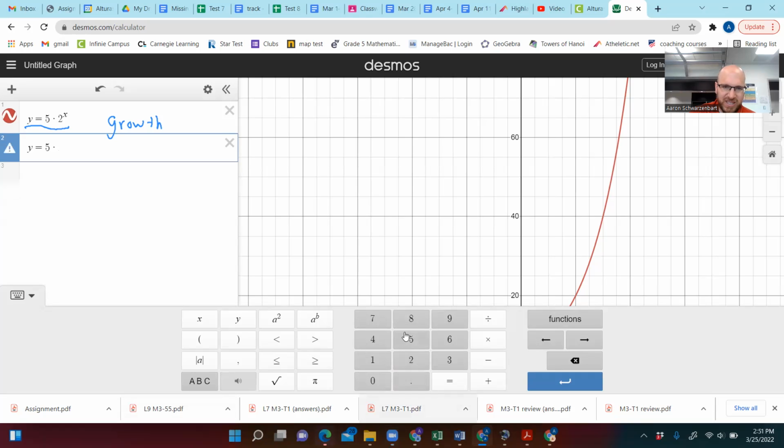And I use the asterisks for the times, or I can click on the times on my Desmos keyboard. I'm going to do 1/2. I'm going to put parentheses around 1/2. Notice when I just type that, I need to use the right arrow on the keyboard to get out of my denominator. And then I'm going to use this A to the B button. Click on that. And put to the X.